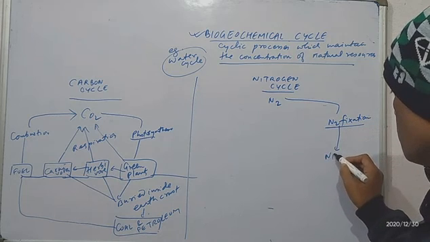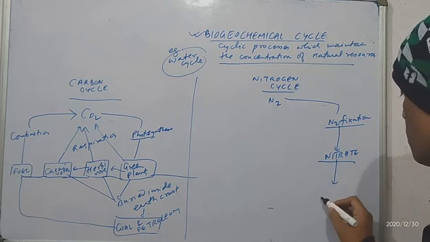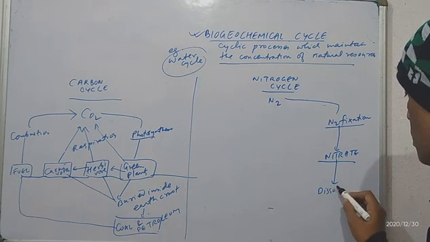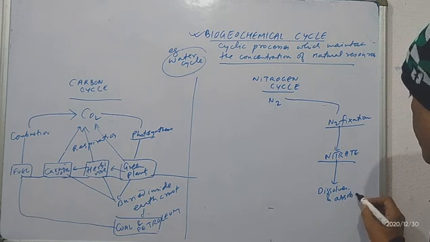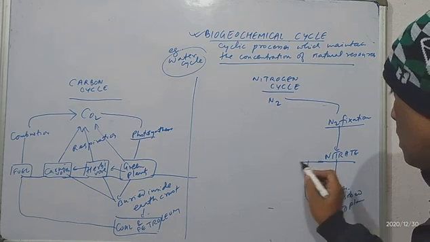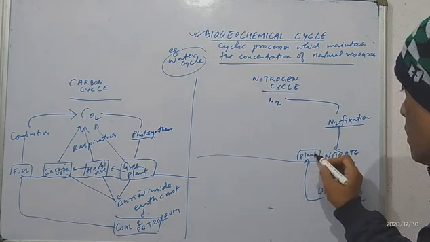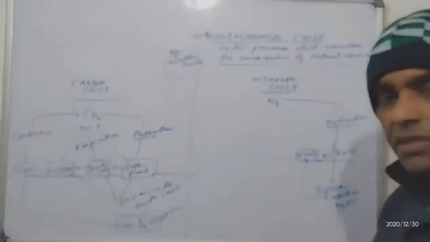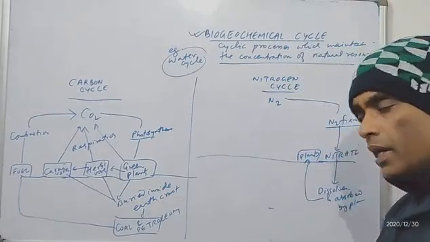It converts the nitrogen gas into nitrate salts. These nitrate salts enter into the water in the ground, dissolve in that, and are absorbed by the plants. So it again goes above the soil surface in the plants. The nitrogen is utilized in the synthesis of proteins, DNA, RNA.